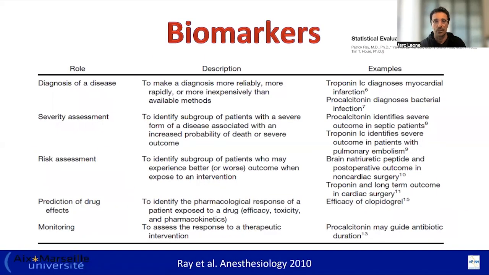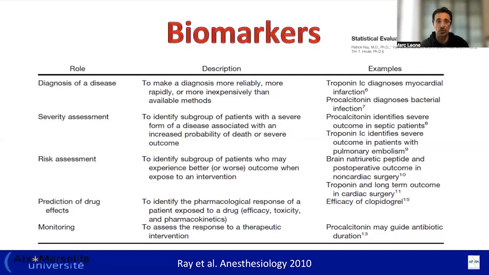We are going to talk about biomarkers. Why don't you use biomarkers? There are some good biomarkers, but if you want to use biomarkers, we need to read this paper. It's a very important paper. Biomarkers should be used for diagnosing disease or for assessing the severity of the disease or as risk assessment or prediction of drug effects.